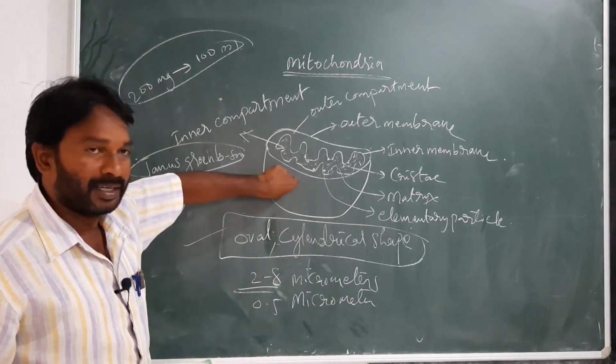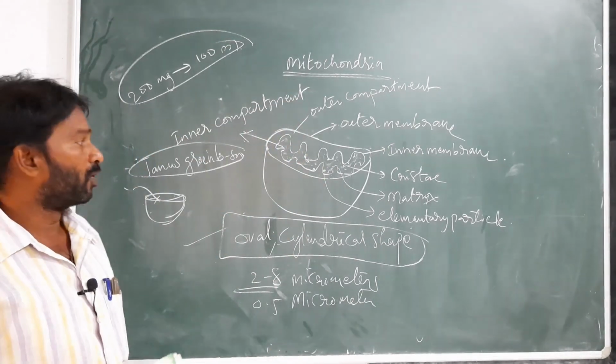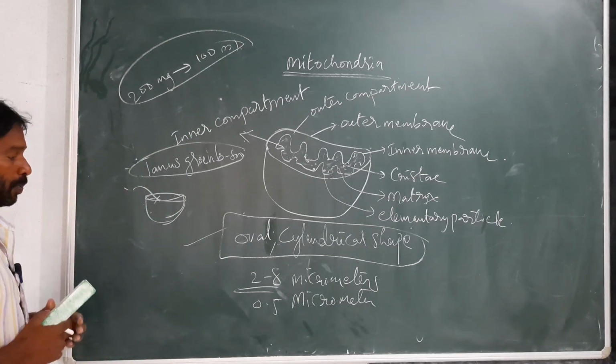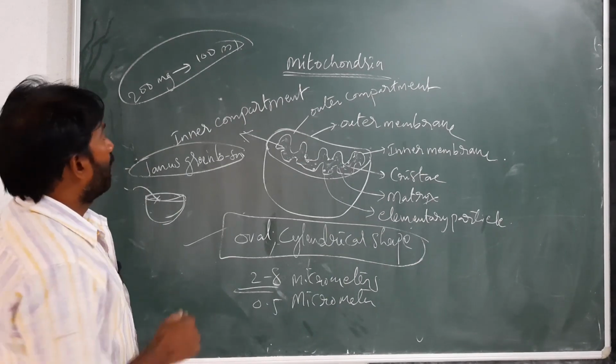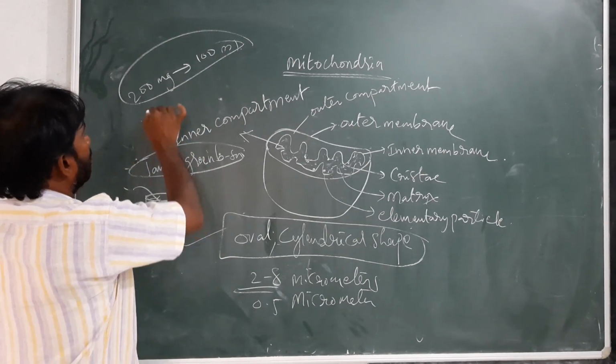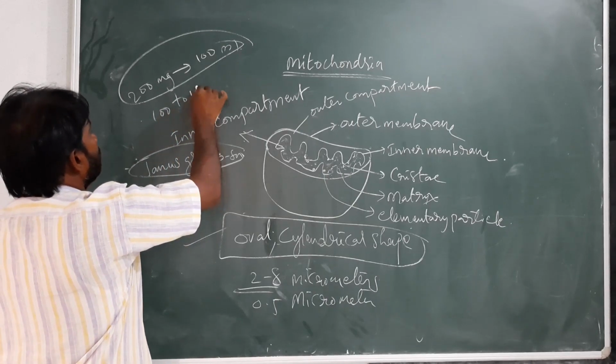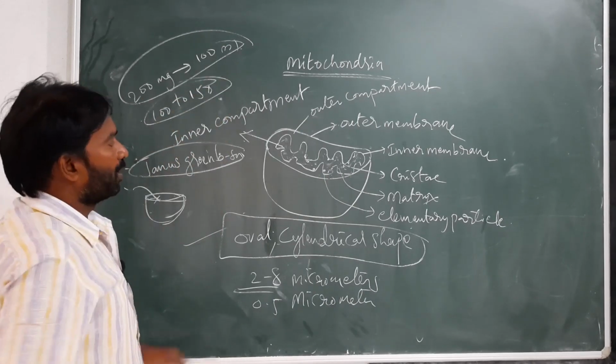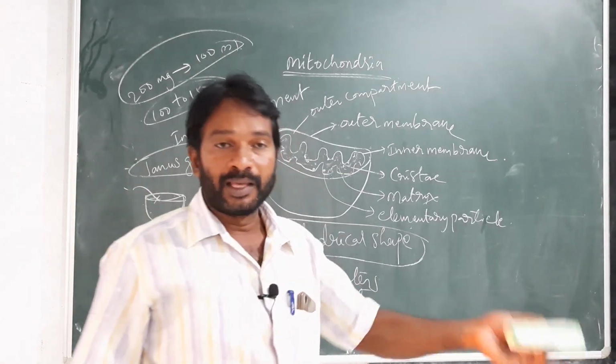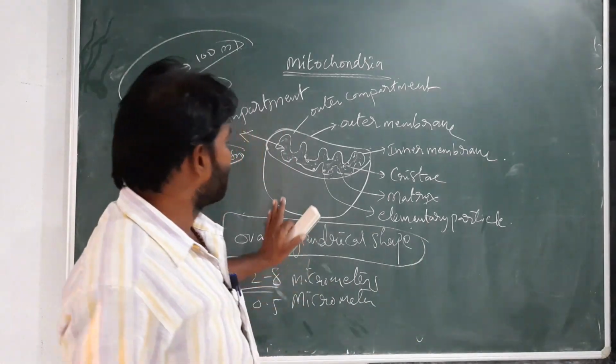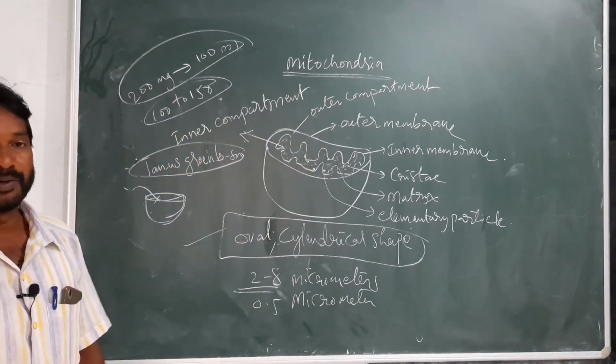Approximately 100 to 150 mitochondria are present within the cell. That is the structure of the mitochondria.